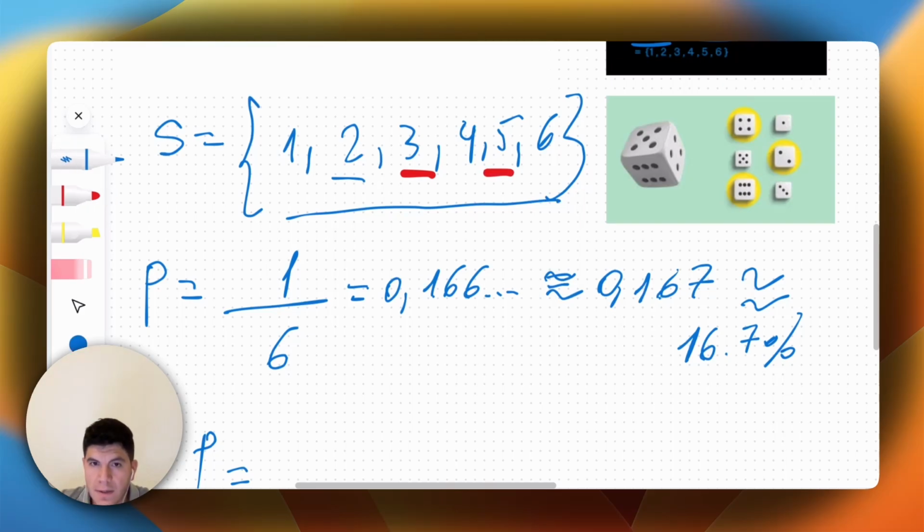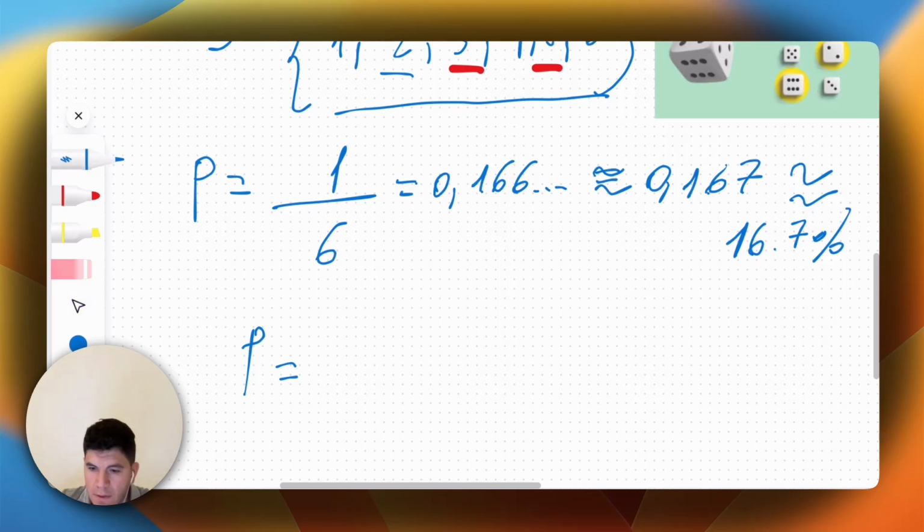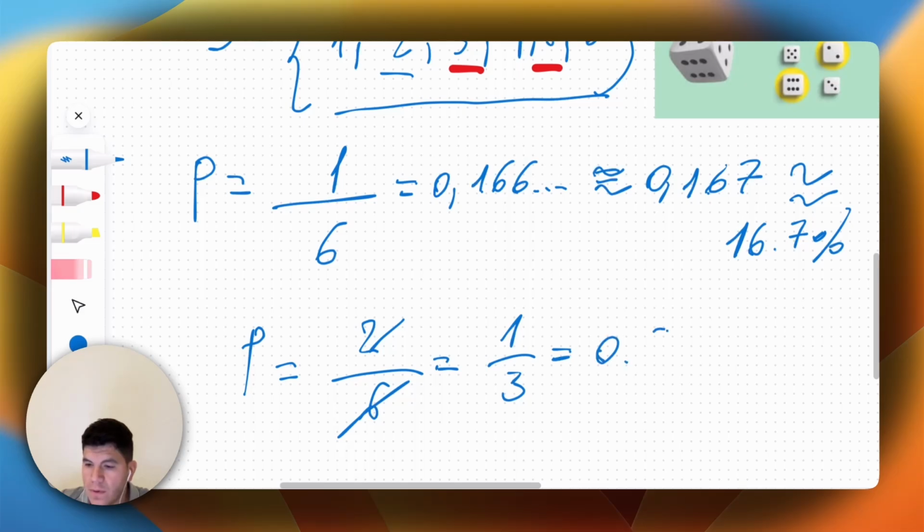So we're going to divide 2 by 6, which is 1 divided by 3, and this gives us around 0.333 repeated. That's a 33.3% chance of getting 3 or 5 when we toss a die.